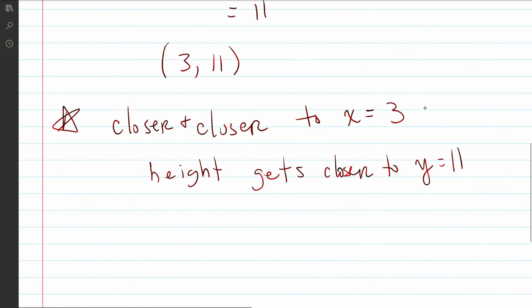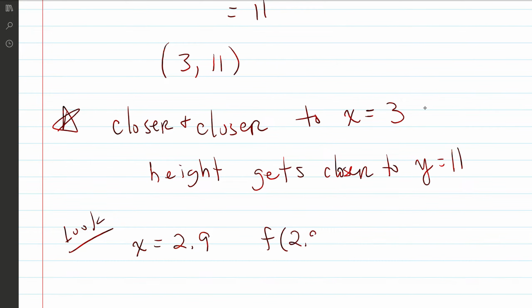All right, so think about this. Let's take a look at this. Let's say that x is 2.9. Let's input that into our function, f of 2.9. So that's going to be 2 times 2.9 plus 5, inserting this into that original function of 2x plus 5.